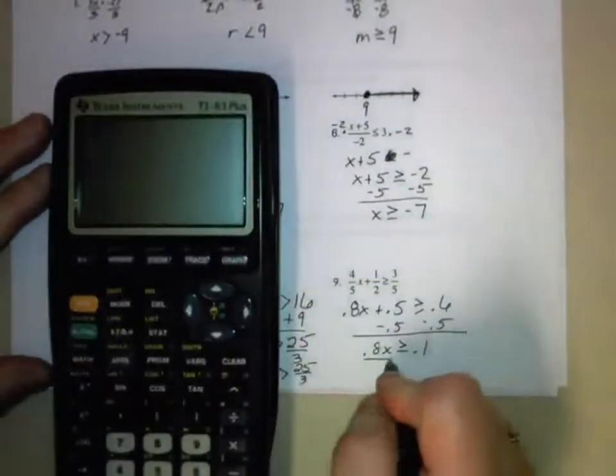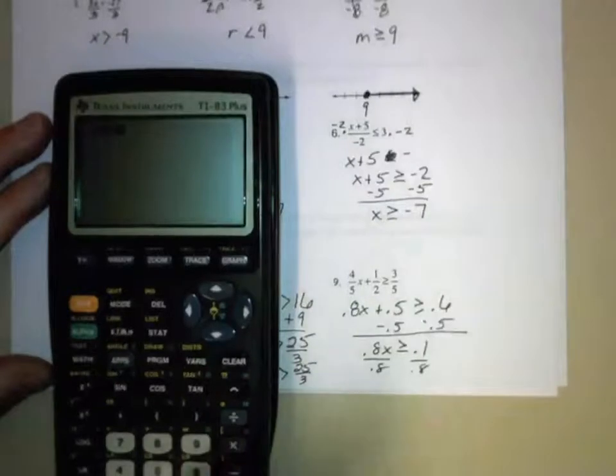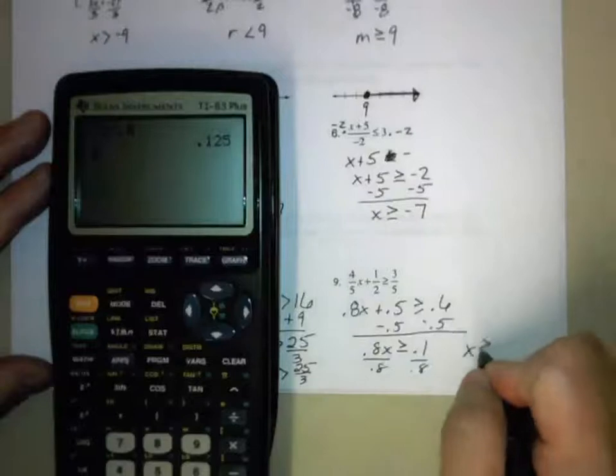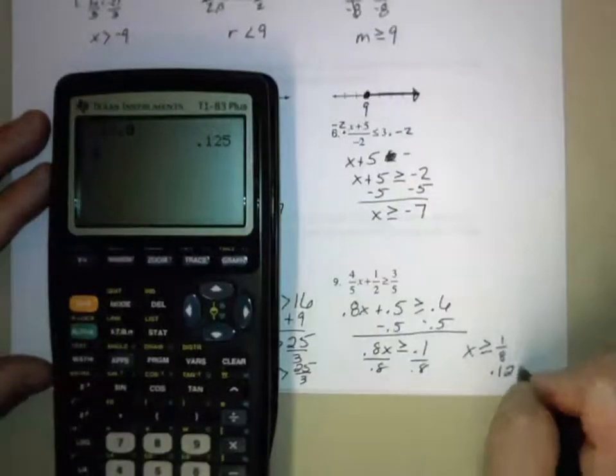And dividing both sides by 0.8, you have 0.1 divided by 0.8. That would be 1/8 or 0.125.